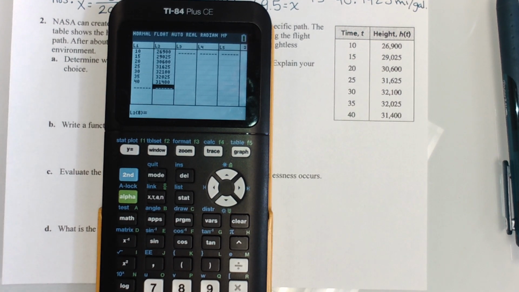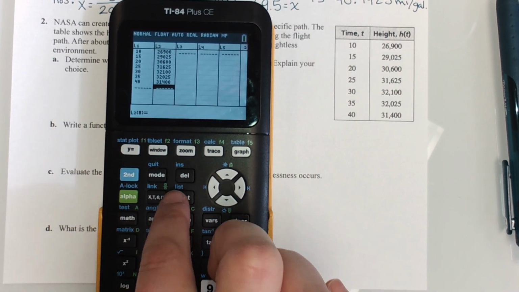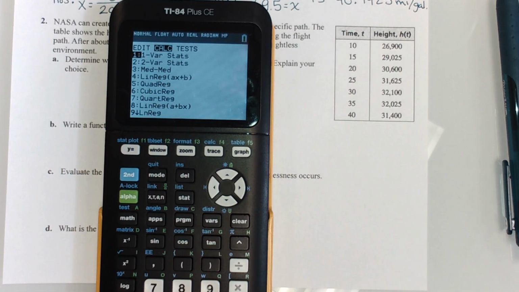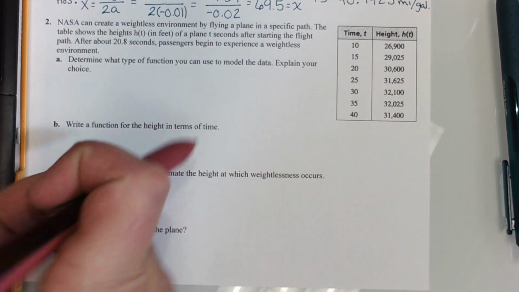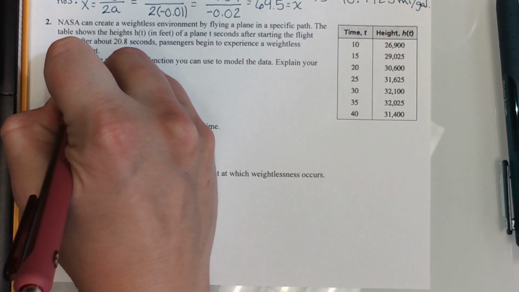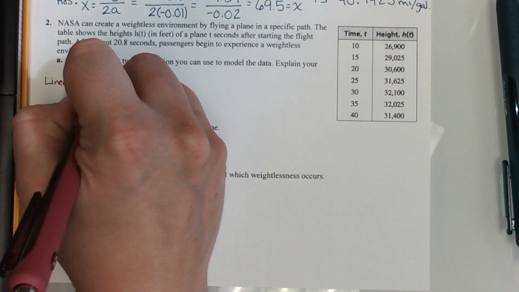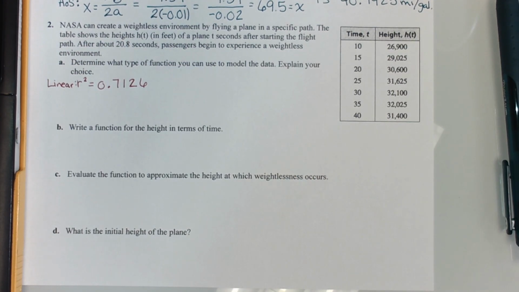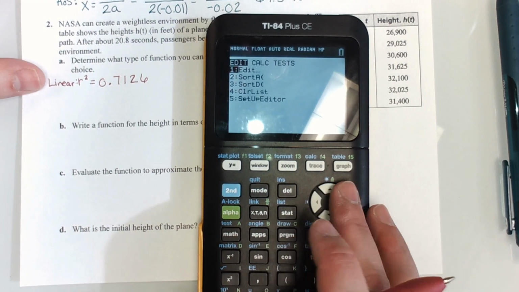R squared. So, since I'm working on my TI, I go to Stat, over to Calculate. I'm going to do both linear and quadratic, because those are the only ones we've talked about so far. For linear, r squared is 0.7126. Is that a great linear regression? No, it's not great. Maybe quad is better.